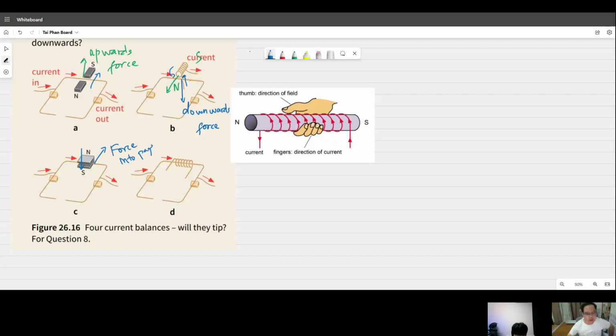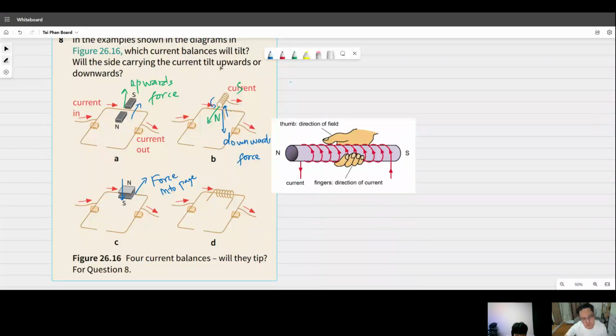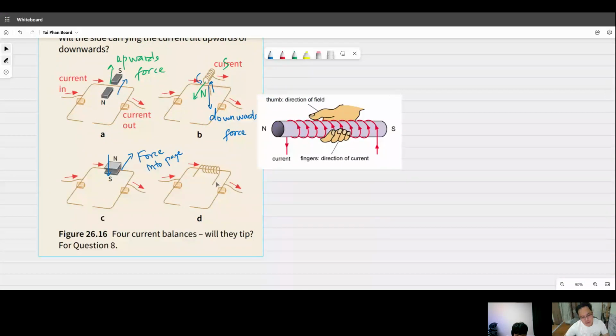The question is in which case the balance tilts upwards or downwards. So the answer is A and B. I guess the last case the force is outward. Right hand rule determines where there's no current.